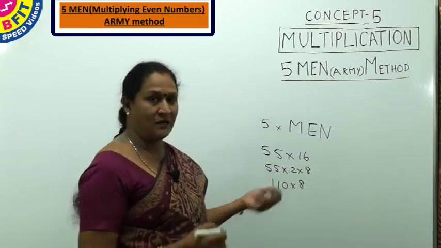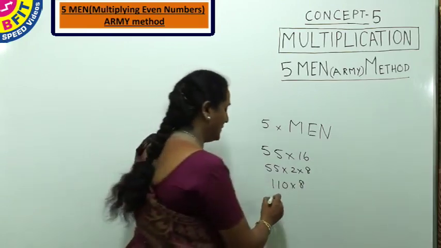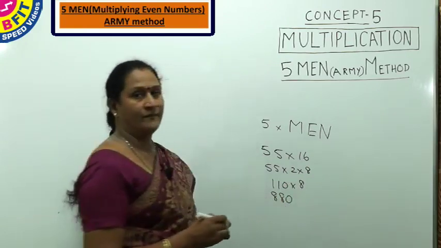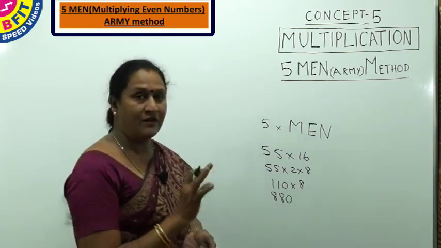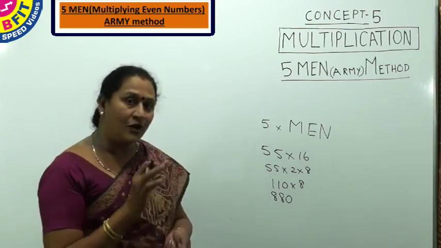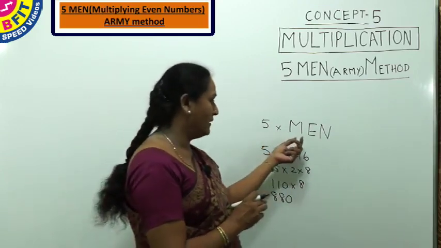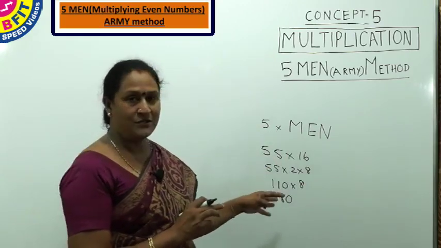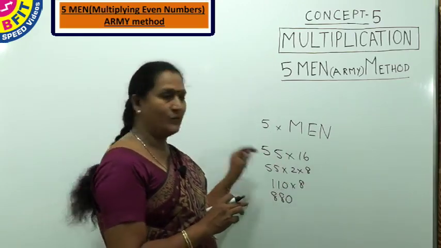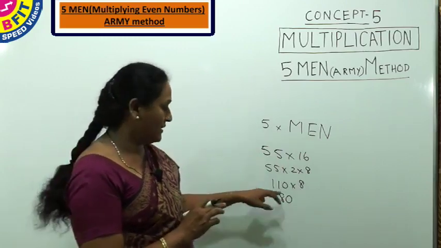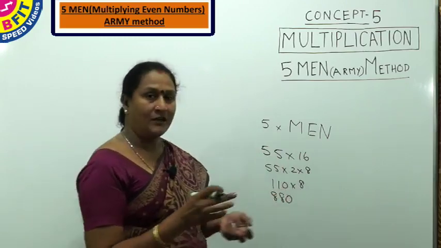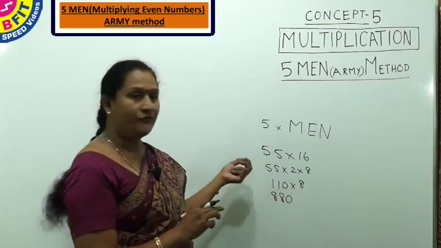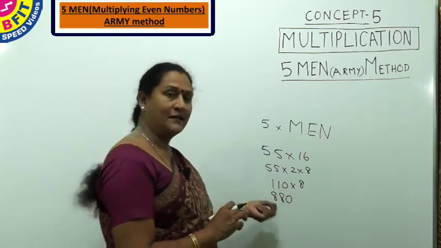And now easily we can multiply and get the answer, 880. Whenever a number ends with 5 and you are multiplying it with an even number, remember this 5-man army method, split out the 2, and multiply this 2 with the number ending with 5. Obviously it will end with 0 and the working will be easier. So 110 into 8, the product of 55 and 16 is 880.